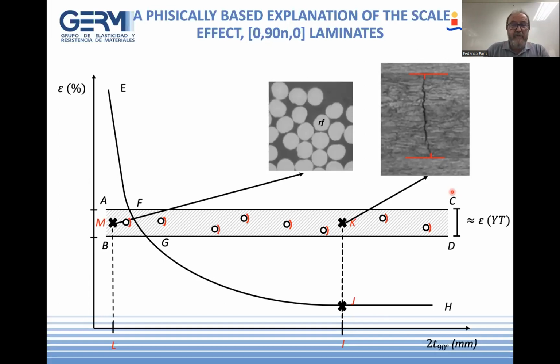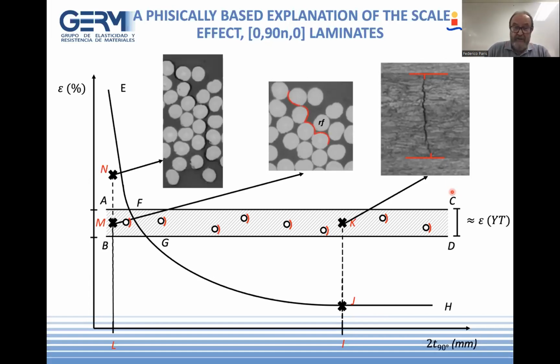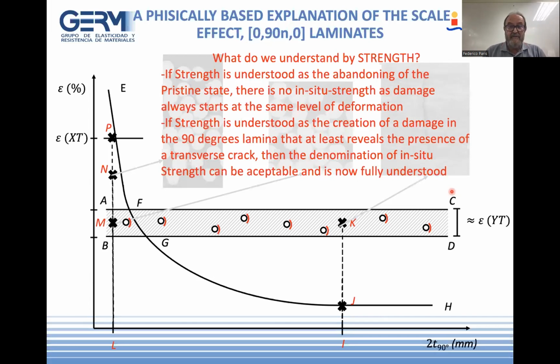We arrive at this point and, for the first time, we were able to show isolated debonding here. If we continue applying epsilon, we have the same debonding plus some more, till the moment at which we find the breaking of the 0-degree lamina. So now this is the last one.